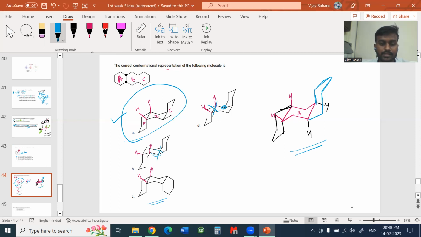In this one we can see hydrogen up, but here hydrogen should be down. Here also hydrogen should be down, but you can see they have given hydrogen up, and here also up. So this one is the wrong structure.